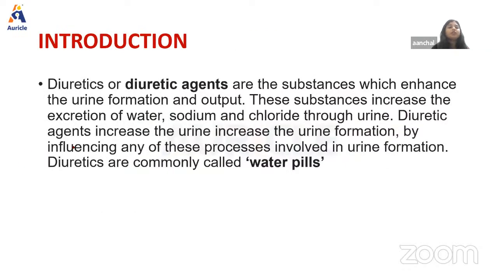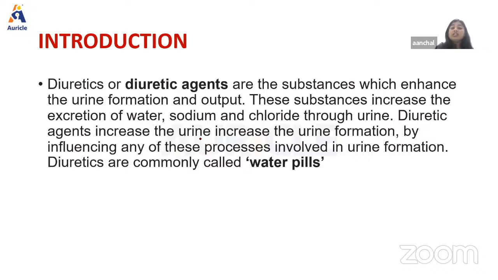Now, next we're going to start with another topic, that is diuretics. Diuretics or diuretic agents are those substances which enhance urine formation and output. These substances increase the excretion of water, sodium, and chloride through urine.